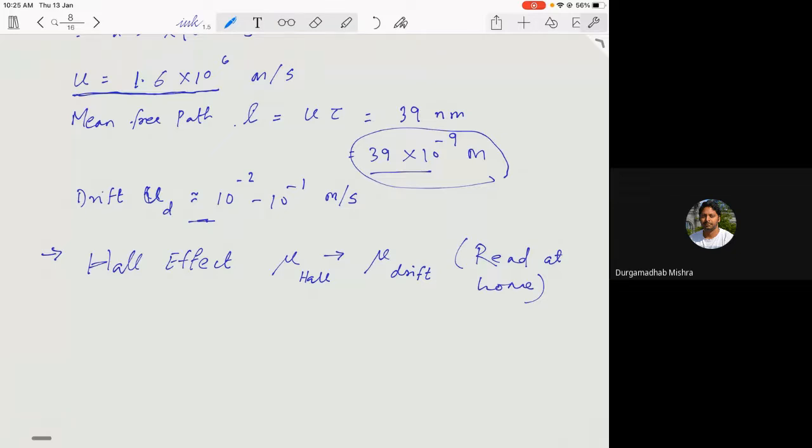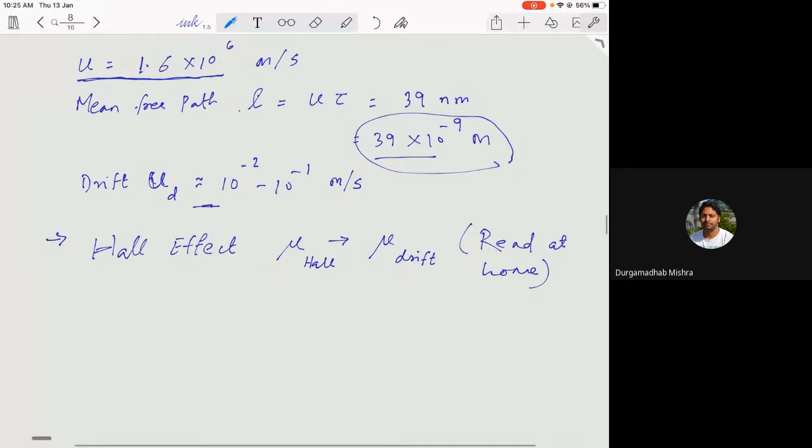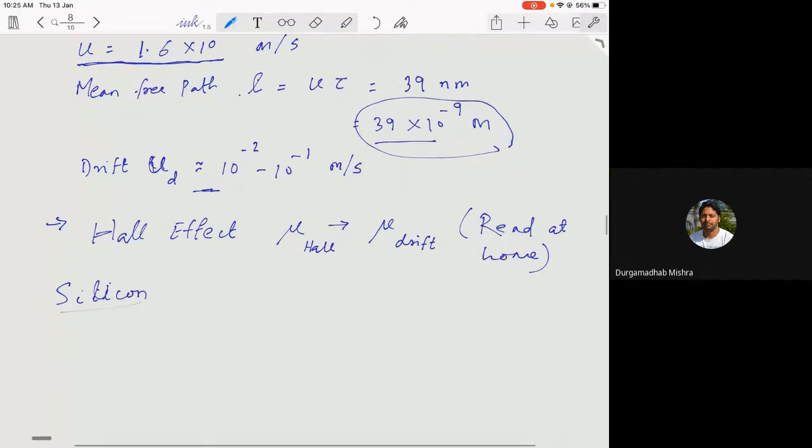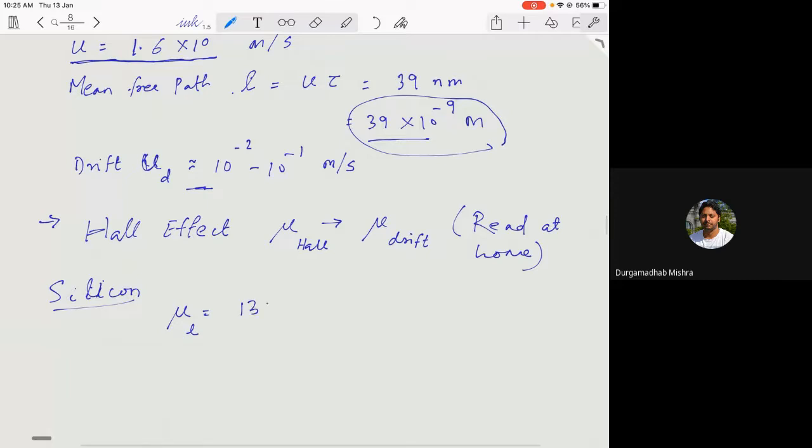So if I take silicon, let's say, which is a semiconductor, the drift mobility of electron is given by 1350 centimeter square volt inverse second inverse.